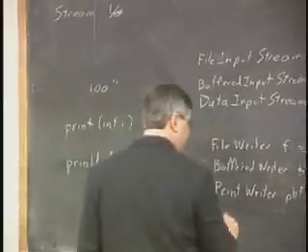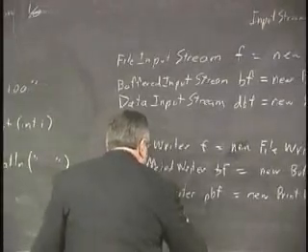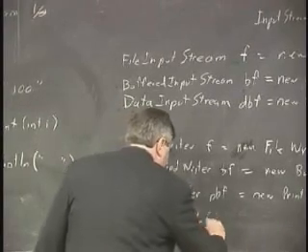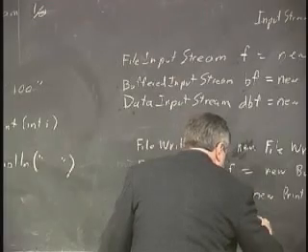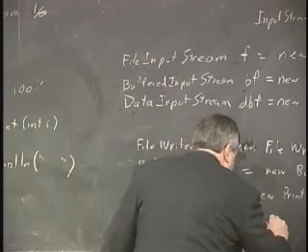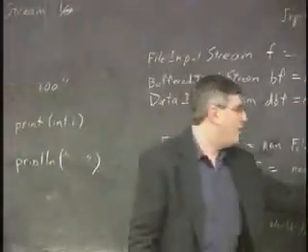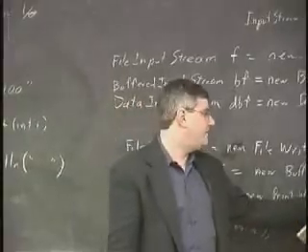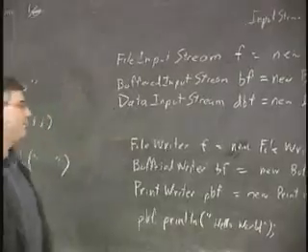And now we can finally do pbf.println hello world. What this should do is open foo.out and then put a buffered writer on it, put a print writer on it, and finally write hello world to foo.out.